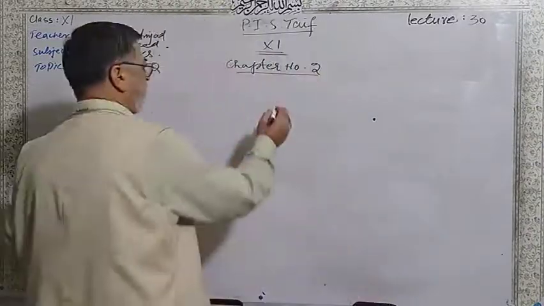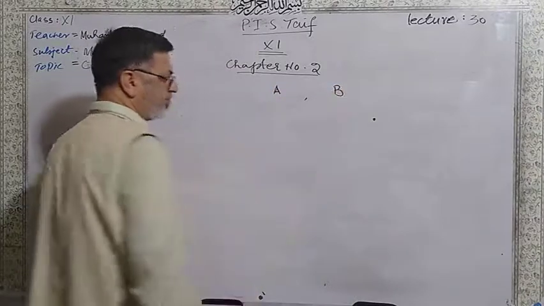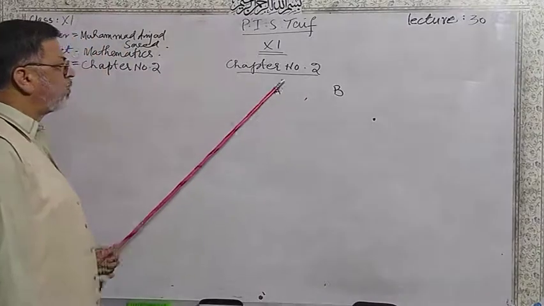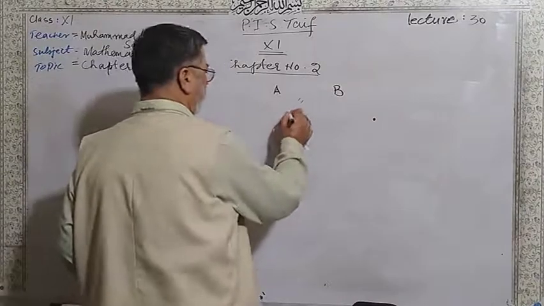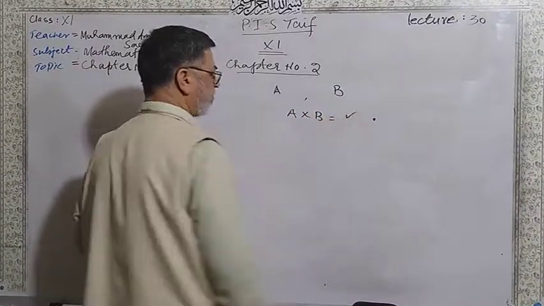First of all, you will be given a set A and set B. First step, you are given two sets A and B. Then you will find A cross B, the Cartesian product.